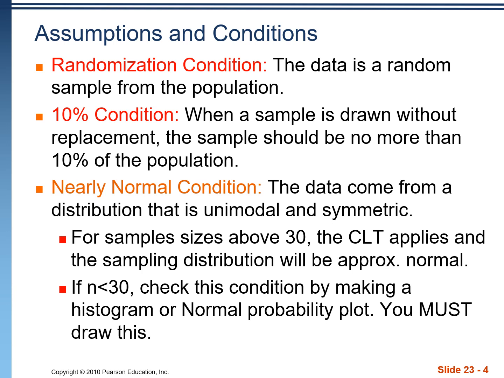We want to see either a sample size that's greater than 30, and we would say that the central limit theorem applies, the sampling distribution will be approximately normal. If we don't have a sample size that's greater than 30, we want to check the sample and see, is it approximately normal? We can do that by either making a histogram or a normal probability plot, and we have to draw this out in any answers that are FRQ questions.